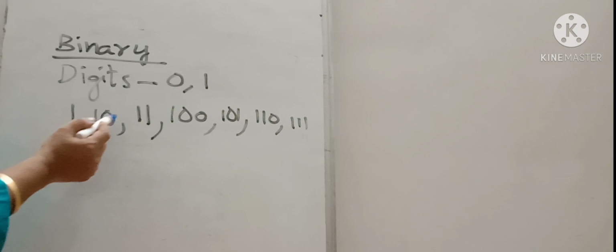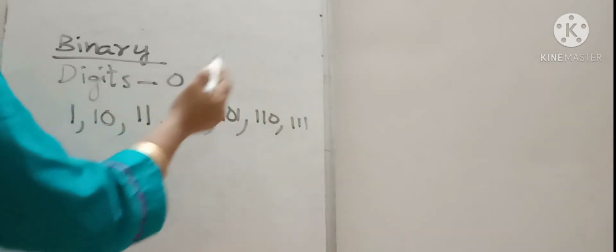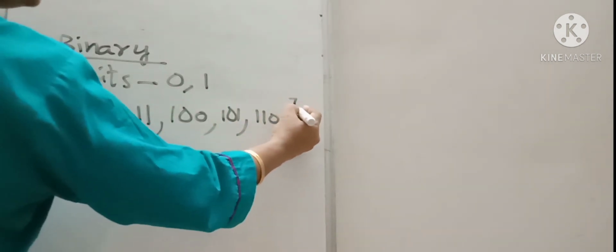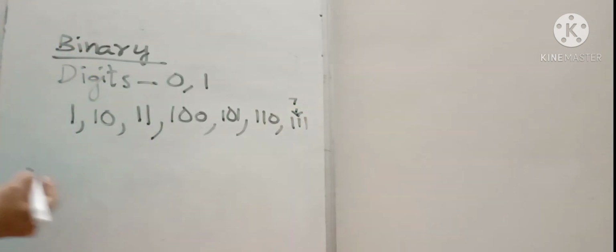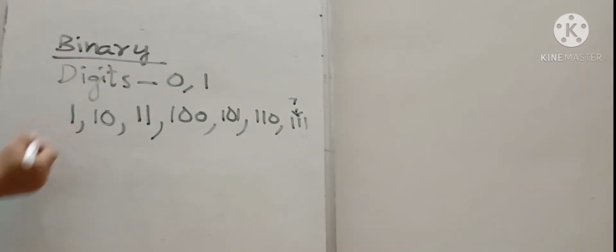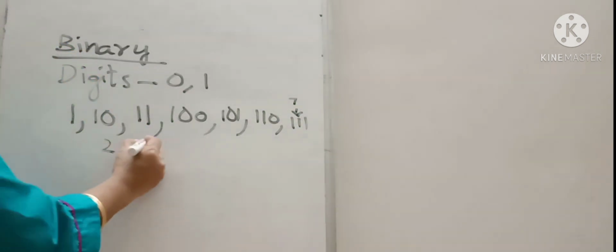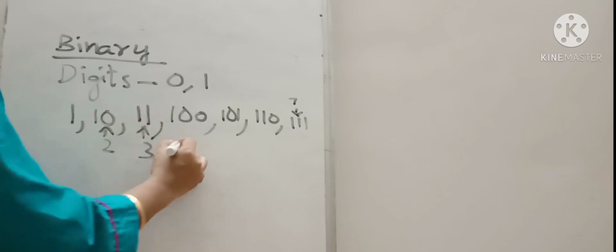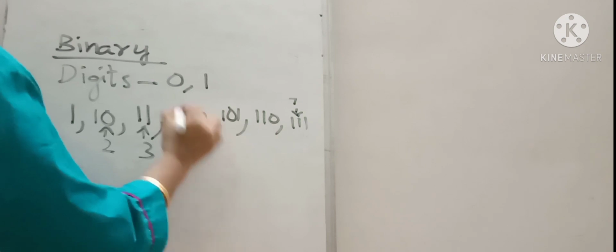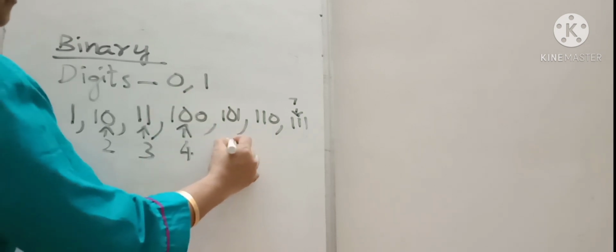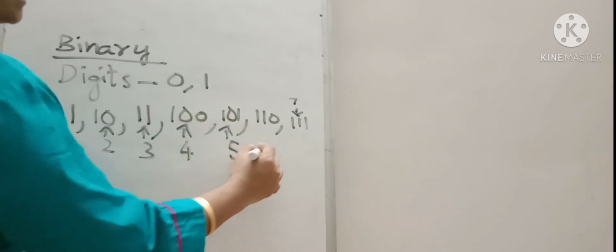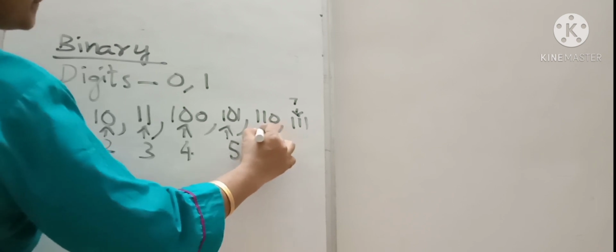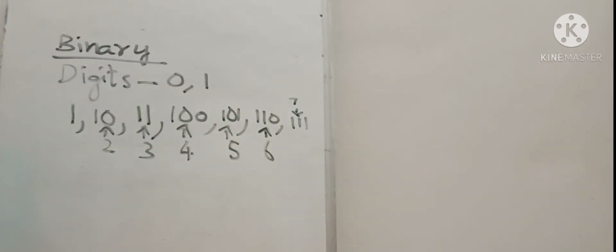1 0 1 is 5, 1 1 0 is 6, and 1 1 1 is 7. Just see that there are 7.